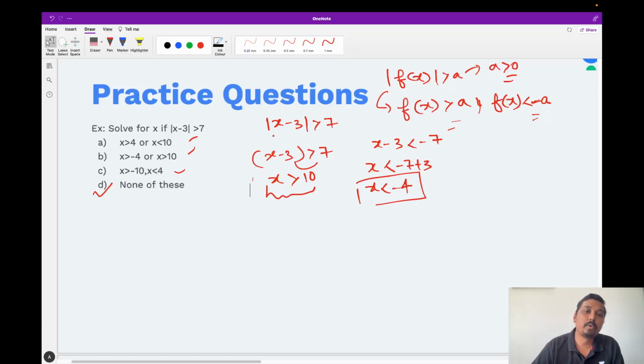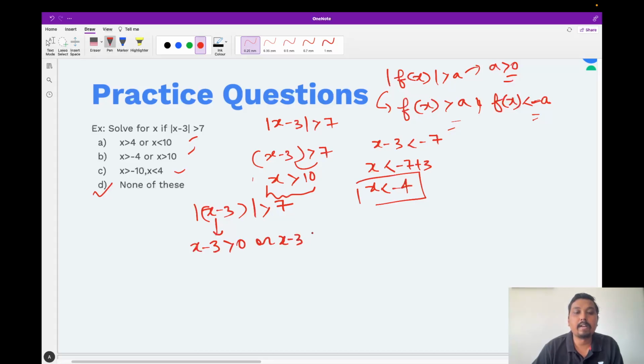Another way of doing it is the basic concept of absolute value, which I have told you: absolute value is always positive, but x minus 3 can be positive or it can be negative.